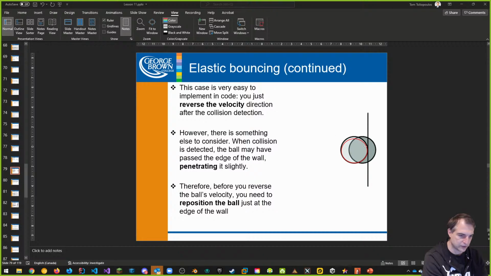What if the ball was not like this, but actually it was like this, and you're inside the wall? Imagine the wall has a thickness, or it's a box in this case. If you're here in the next time step, guess what you're going to do? You're going to go this way. It's going to penetrate right through, and it's going to rebound in this direction. If you don't do it properly, it's going to go right through at a very great velocity. Instead of bouncing back this way, it's going to bounce this way.